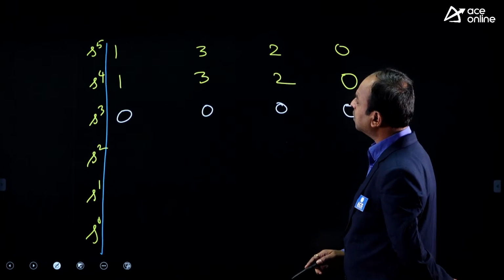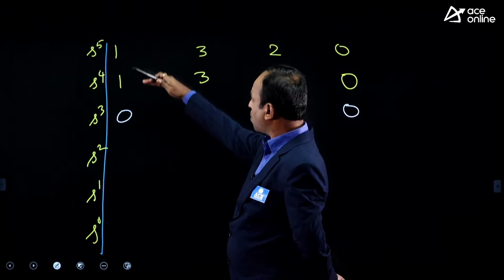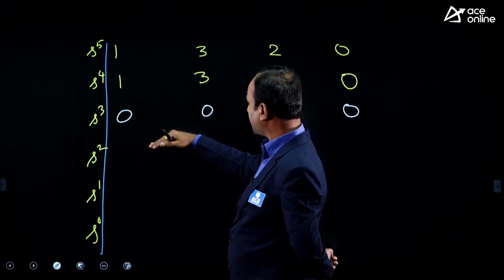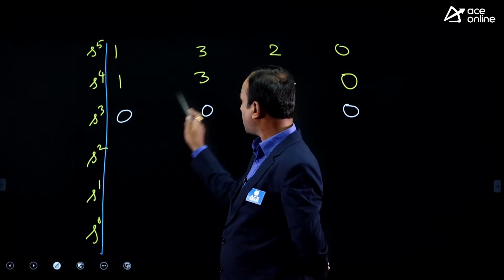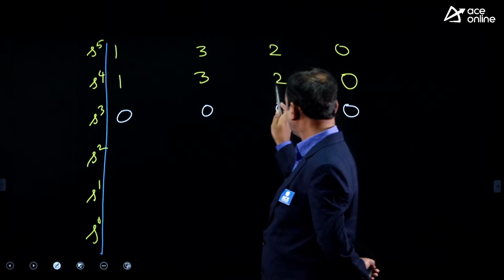Once again, what is the auxiliary equation? Just take the above row coefficients: 1 S power 4, then alternate S square into 3, then alternate S power 0 into 2.